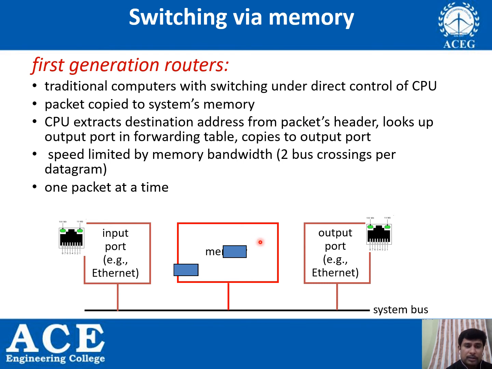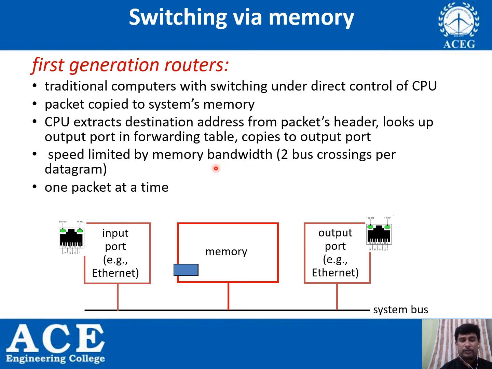Then it looks up the output port in the forwarding table. Here we have a forwarding table in which we find out, for that particular destination address, the suitable output port, and copy that datagram to the output port. What we need to remember for switching via memory is that the speed is limited by memory bandwidth, with only 2 bus crossings per datagram.